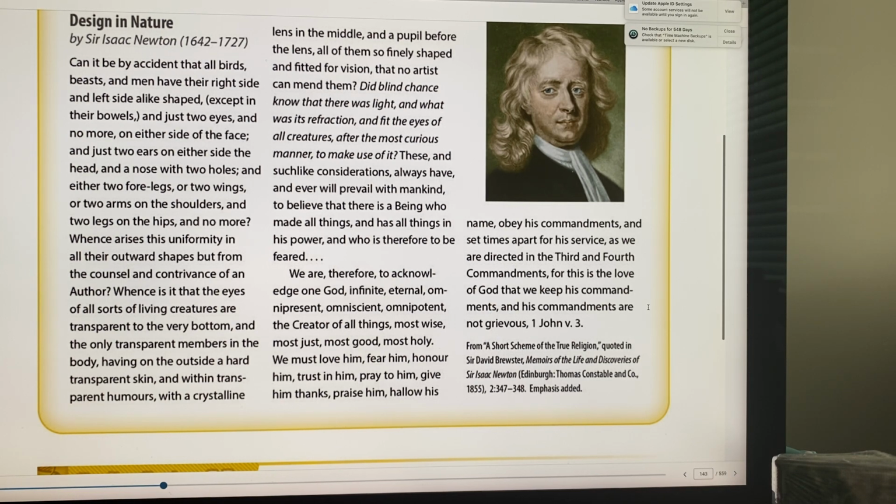We must love him, fear him, honor him, trust in him, pray to him, give him thanks, praise, hallow his name, obey his commands, and set times apart for his service as we are directed in the third and fourth commandments. For this is the love of God, that we keep his commandments, and his commandments are not grievous.